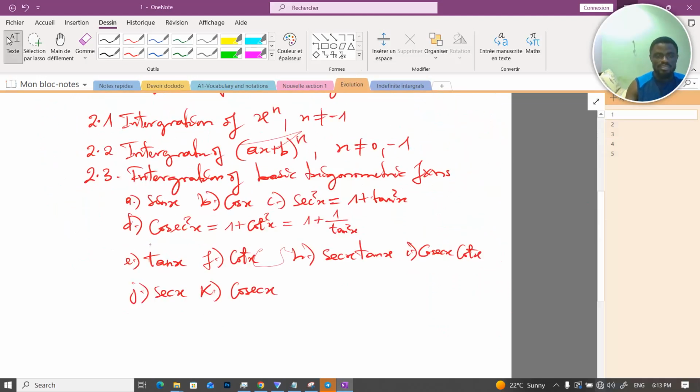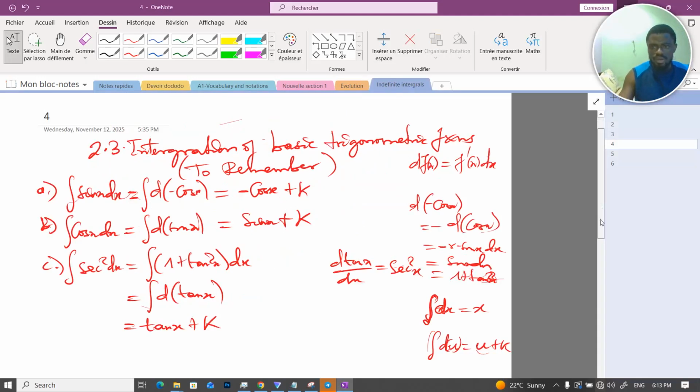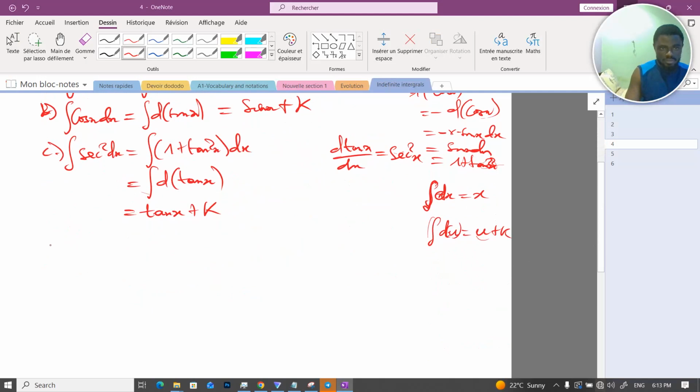we shall look at the integral of cosec square x. The integral of cosec square x. Okay, let's go back. We have the integral of cosec square x dx, which is the same thing as the integral.